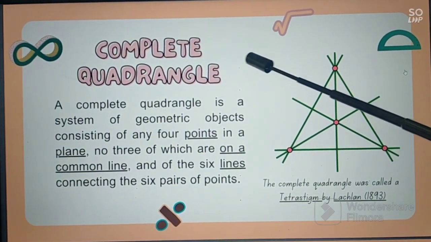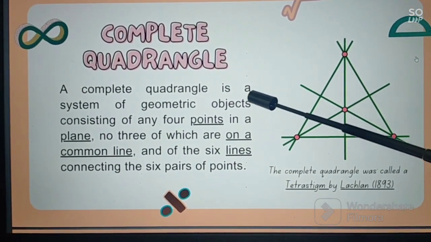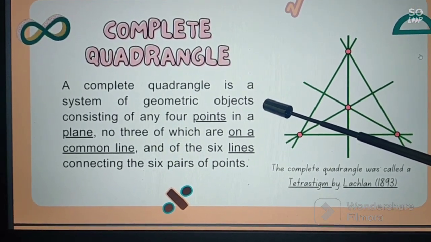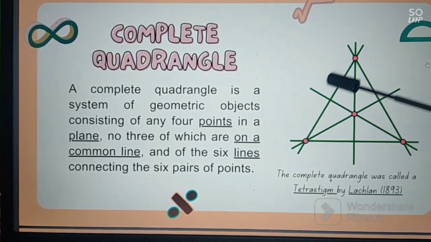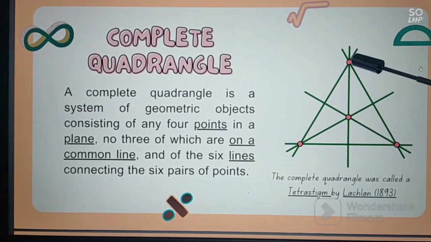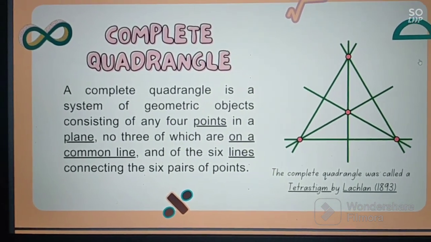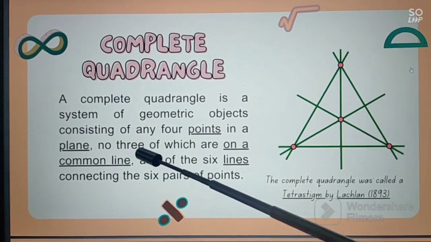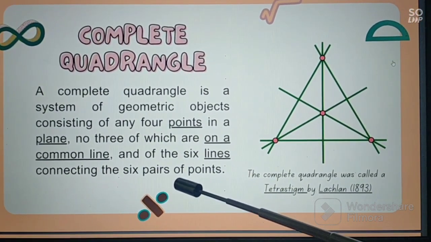What is a complete quadrangle? A complete quadrangle is a system of geometric objects consisting of any 4 points in a plane. This is a plane, we have 4 points: 1, 2, 3, 4. Wherein there are no 3 of which on a common line.